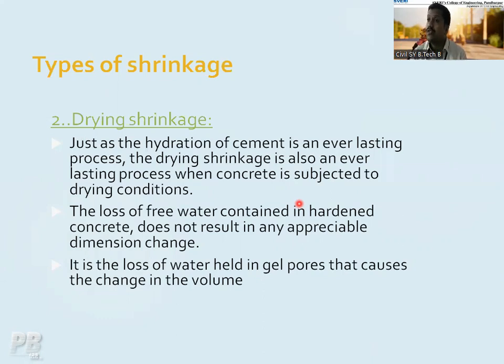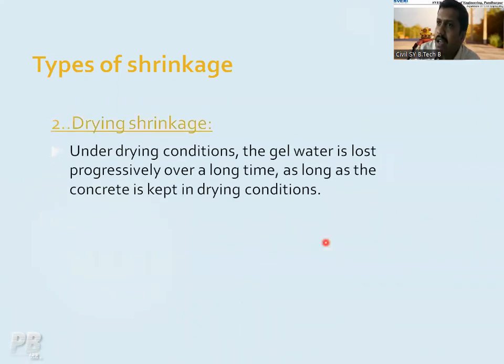The loss of free water contained in the hardened concrete does not result in any appreciable dimension change. It is the loss of water which is held in the gel pores that causes the change in the volume. So under the drying condition, the gel water is lost progressively over a long time, as long as the concrete is kept in the drying condition.